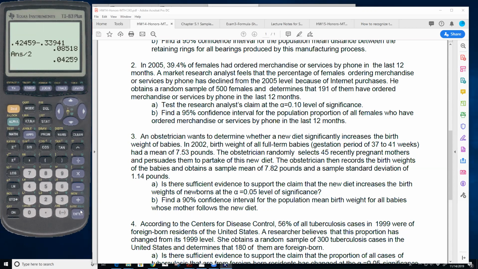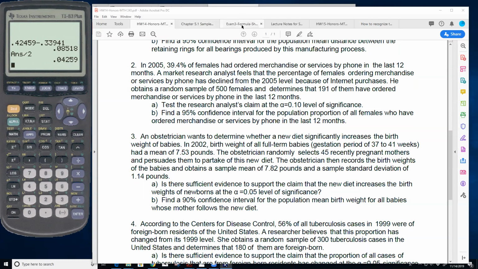So essentially what we're doing here is we're taking our sample proportion, which is the 191 divided by 500, and we're going 4.259% above and below this distance to create the interval. Well, let's suppose that we're going to make our demands here.